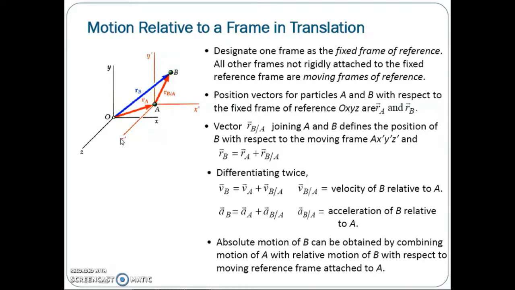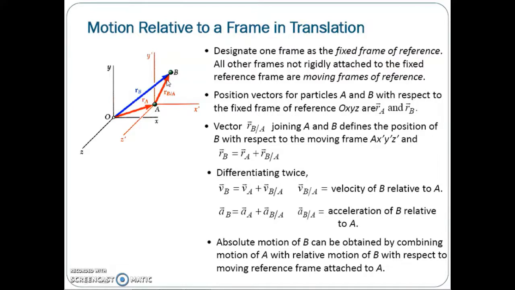In short, we can say that RBA is the position of B relative to A. So here RB equals RA plus RBA. That is what we have learned in our preceding sessions.